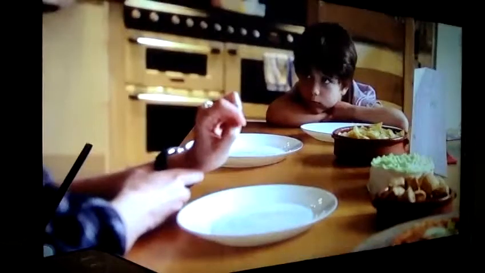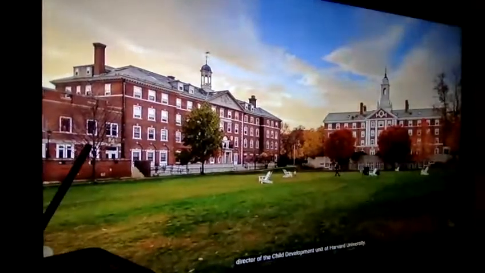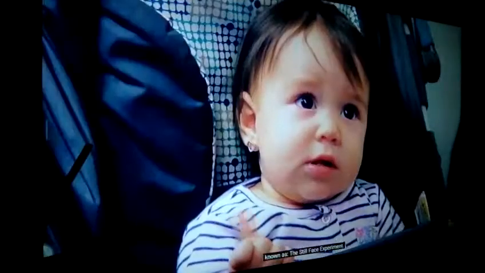One of us next is Dr. Ed Tronick, Director of the Child Development Unit at Harvard University. Together with his team, he's responsible for one of the great experiments in the history of psychology, known as the still face experiment. Babies this young are extremely responsive to the emotions and reactivity and the social interaction that they get from the world around them.